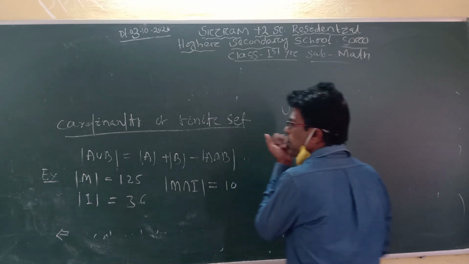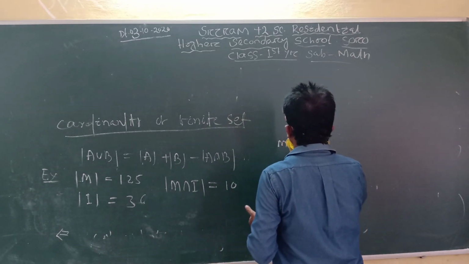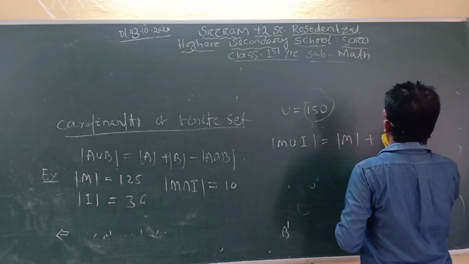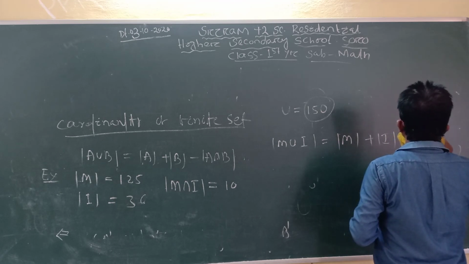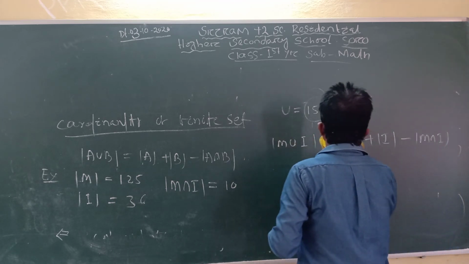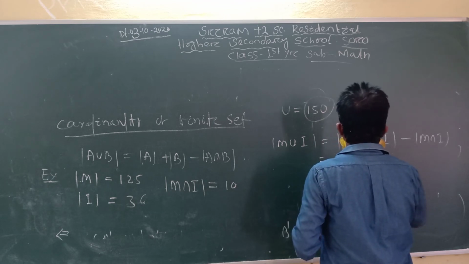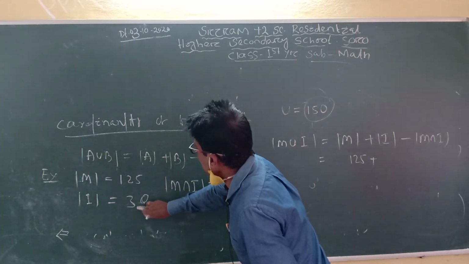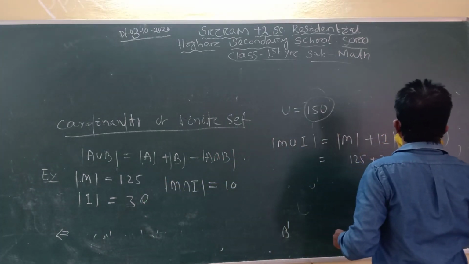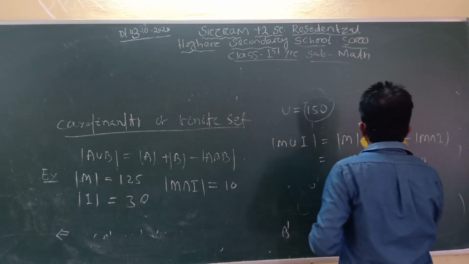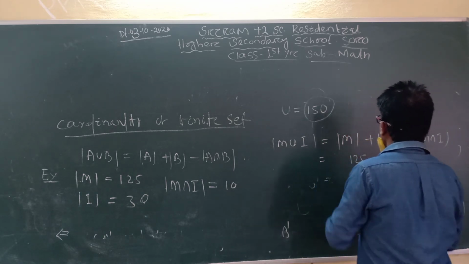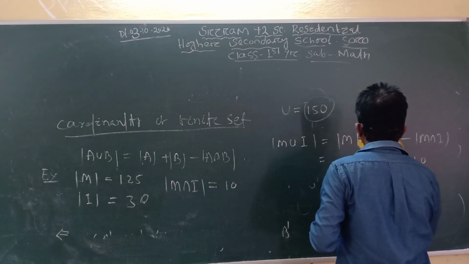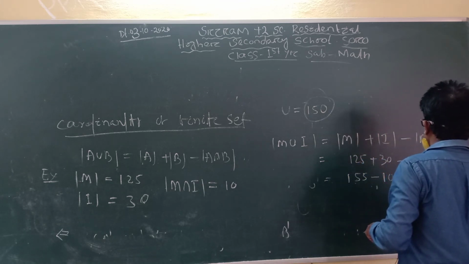So mathematics union I is equal to cardinality of M plus cardinality of I minus cardinality of M intersection I. The cardinality of M is 125, cardinality of I is 30, minus M intersection I, which is 10. So 125 plus 30 is 155, minus 10 is equal to 145 students.